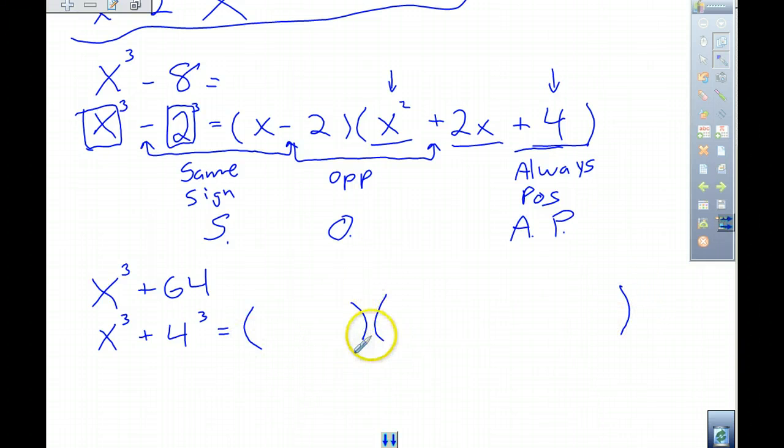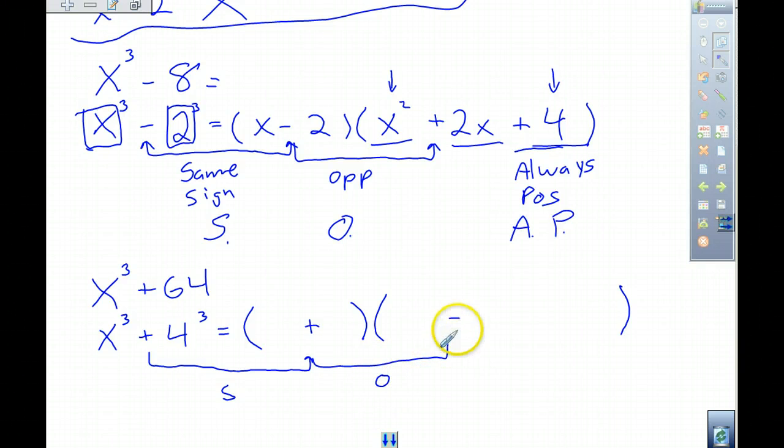You know what I like to do? I like to set it up, get everything there. If you want, you can even put the signs first. So this one's going to be what? Same, right? This one's plus. This sign will be opposite. And the last one is always positive.